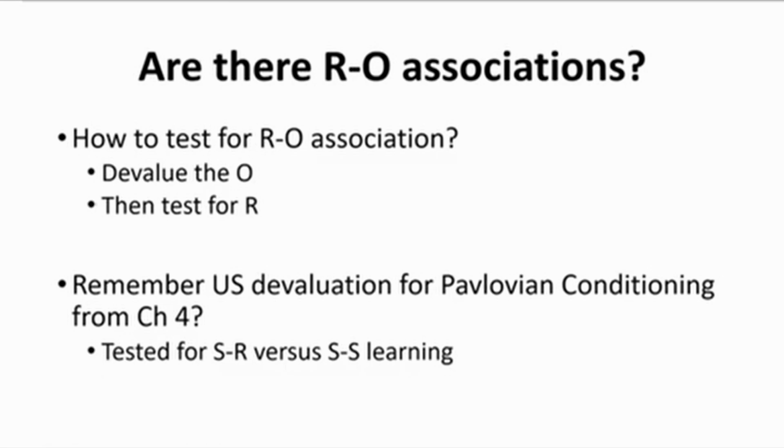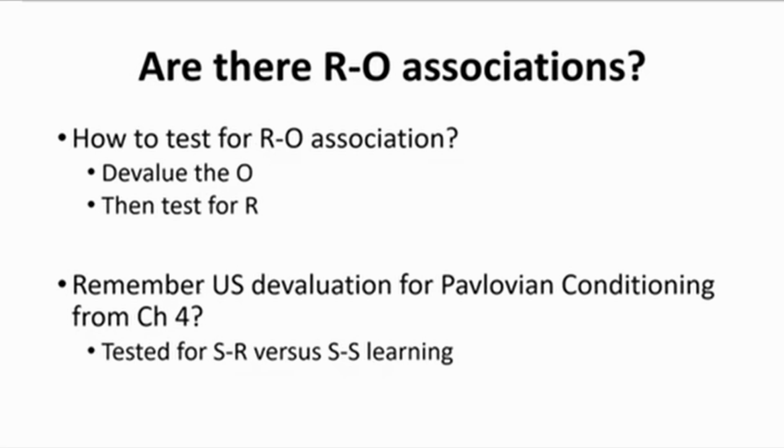So, are there RO associations, and how do we test for these? And the process of testing for an RO association actually uses a procedure that we've already discussed in depth. And this would be back in chapter 4 when we talked about our US devaluation.